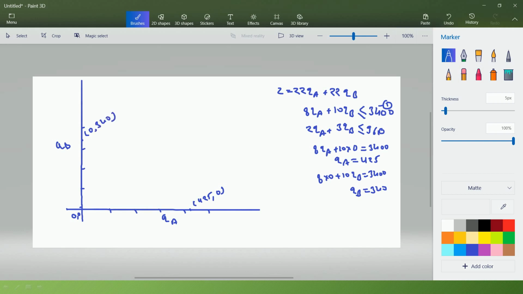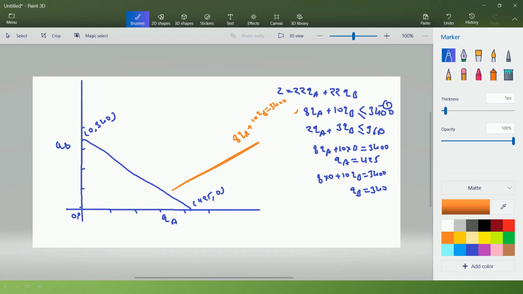So let me draw a straight line. Okay, this will be our line 8QA plus 10QB equal to 3400.